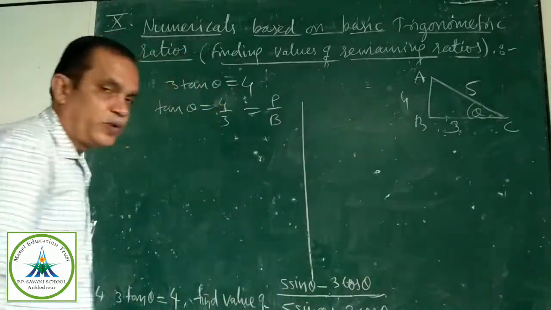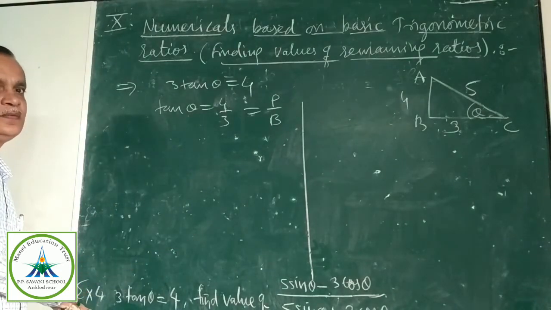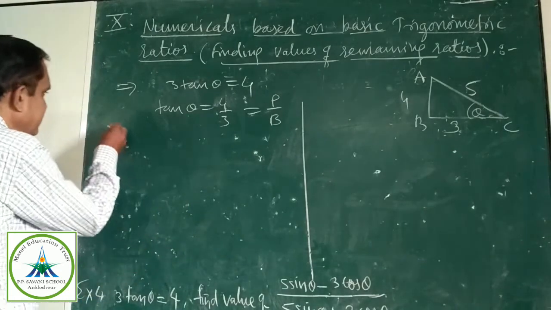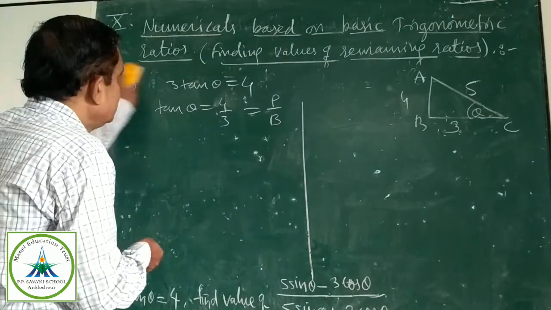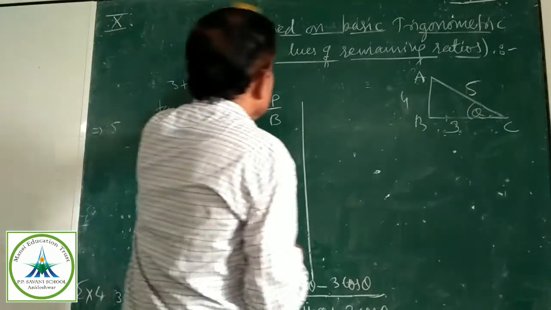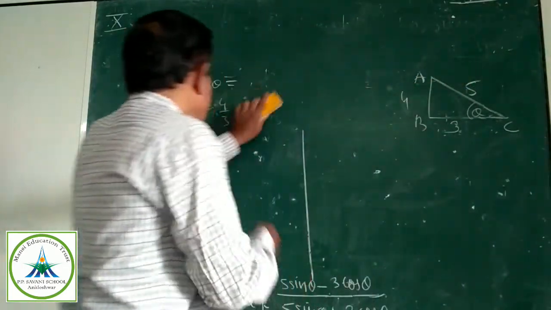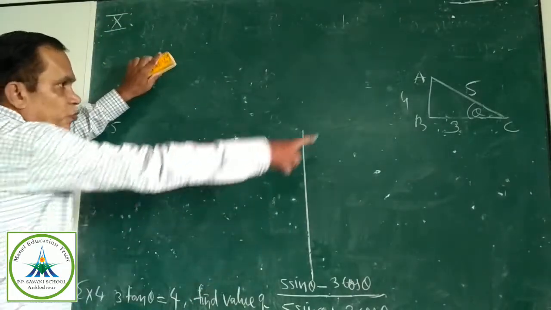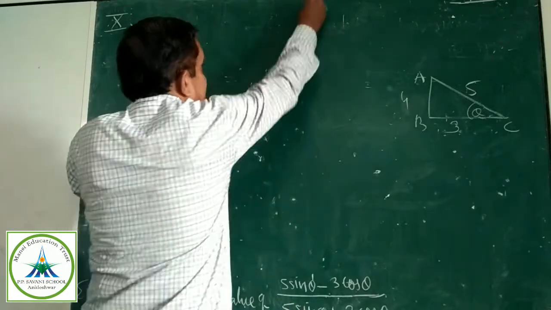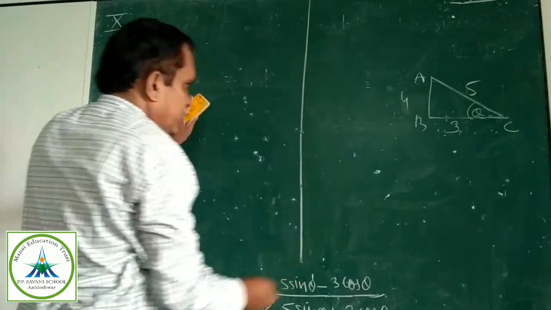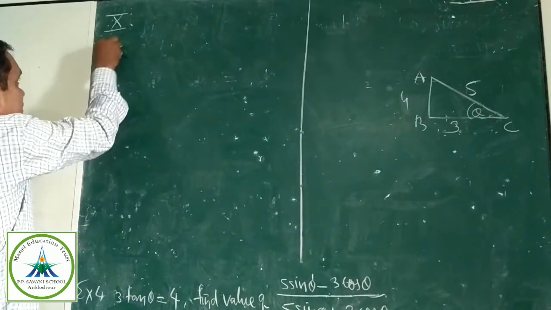Let me see how many students favor which method, first or second. Students, very important: we have calculated with the help of the given ratio. It is up to you.